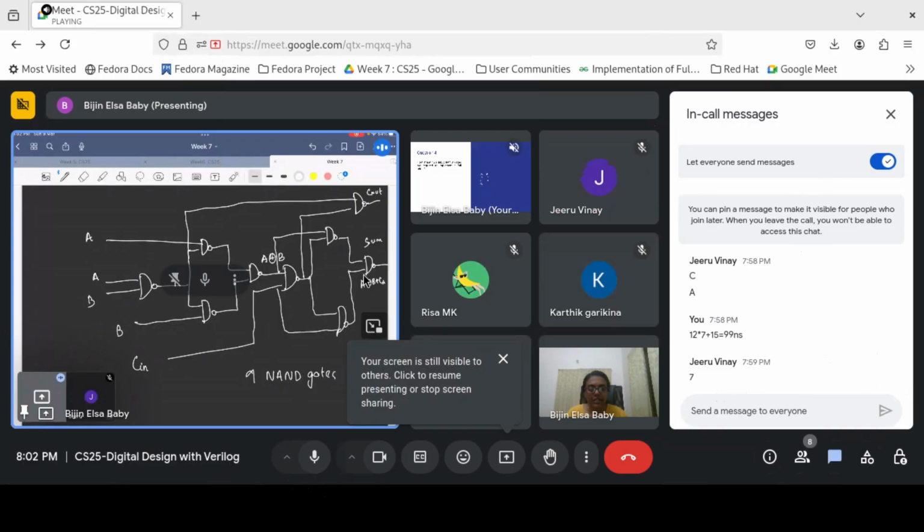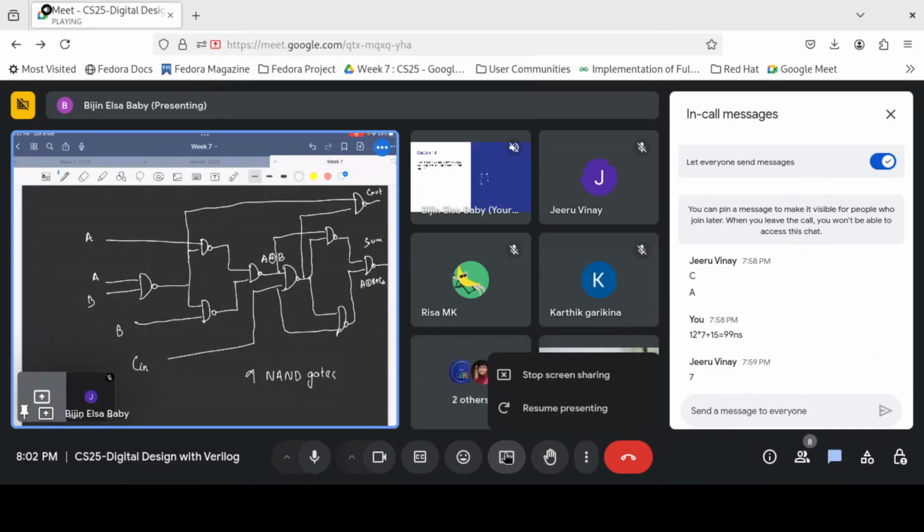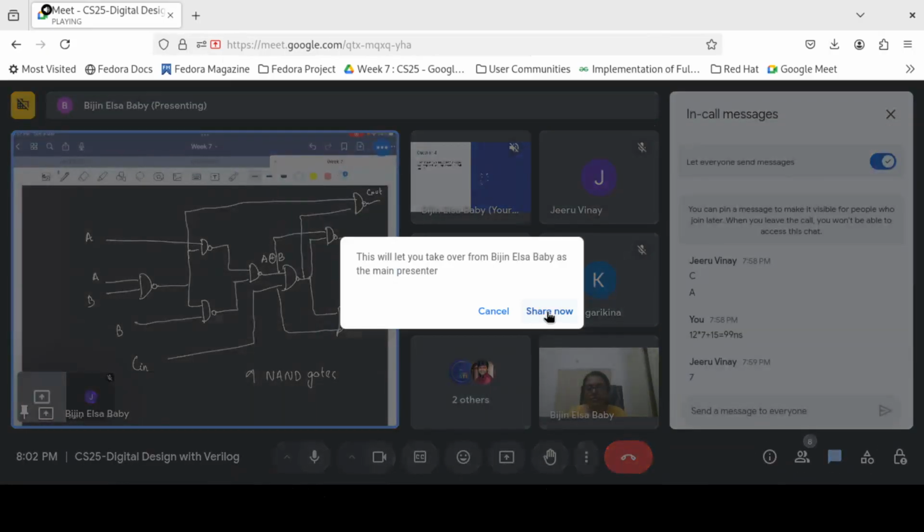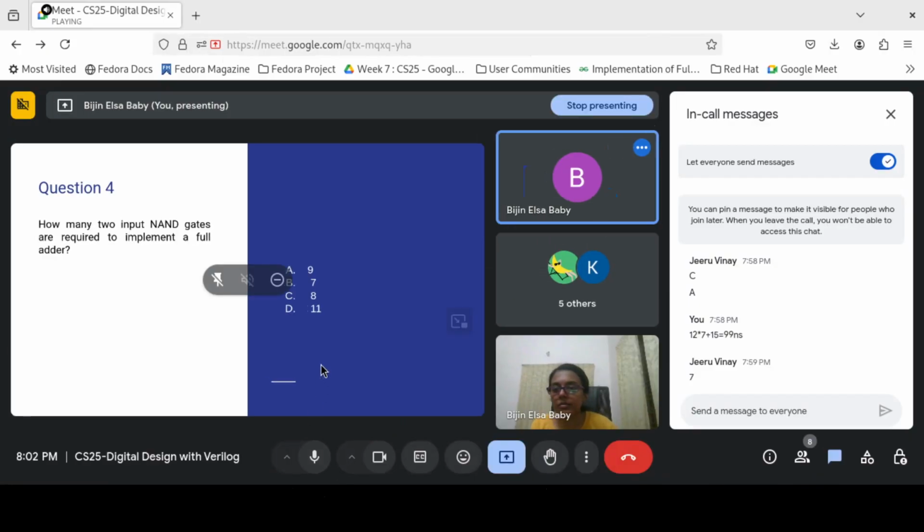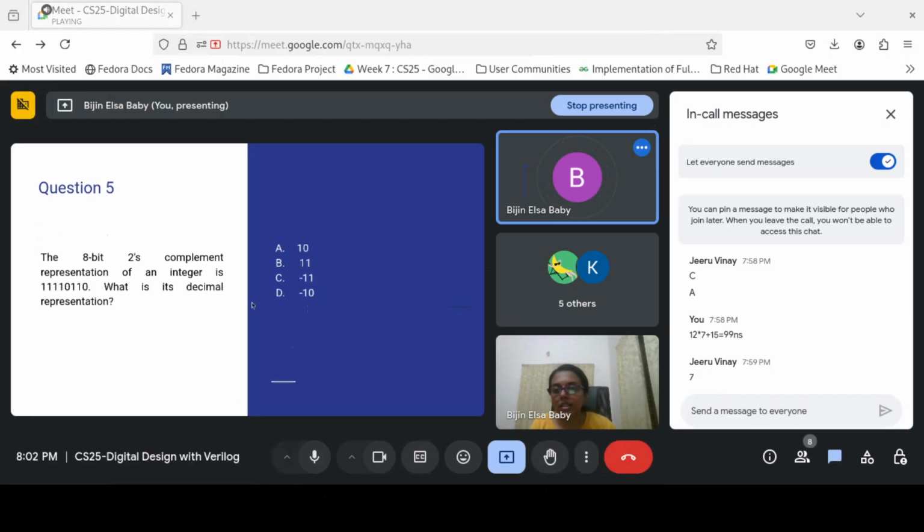Then you will get the final expression. So total 9 gates. The next question: the 8-bit two's complement representation of an integer is, this is the number.